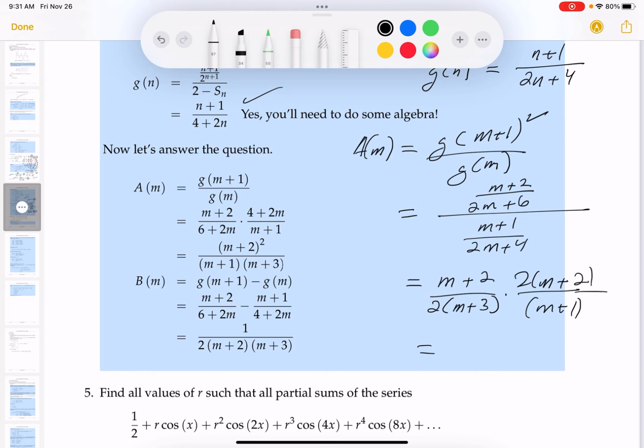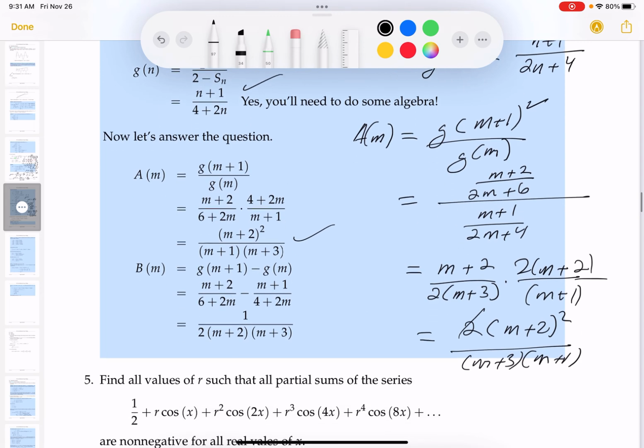So what are you going to get? You're going to get 2 times (m plus 2) squared, and the 2 on the bottom cancels. Let's get rid of that. (m plus 3)(m plus 1). All right, did we get that? Yeah, we're okay. And B_m, what's B_m going to be?